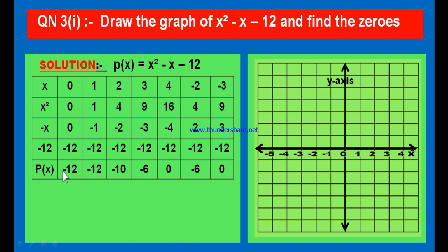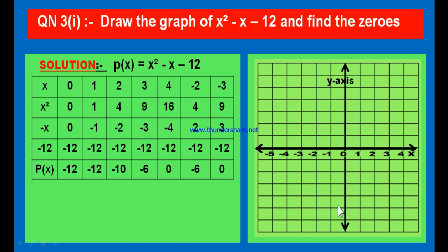But if you observe y-axis, y-axis values are nothing but the values of p of x. The maximum value is minus 12 on the negative side and 0 on the plus side. If we take minus 12 and if we consider 1 centimeter is equal to 1 unit, then you may get 1, 2, 3, 4, 5, 6, 7 lines only.